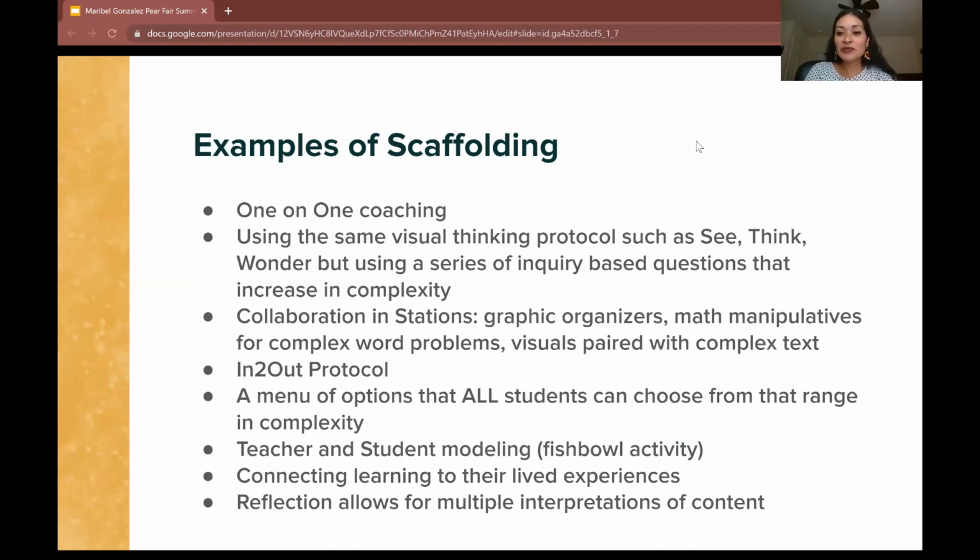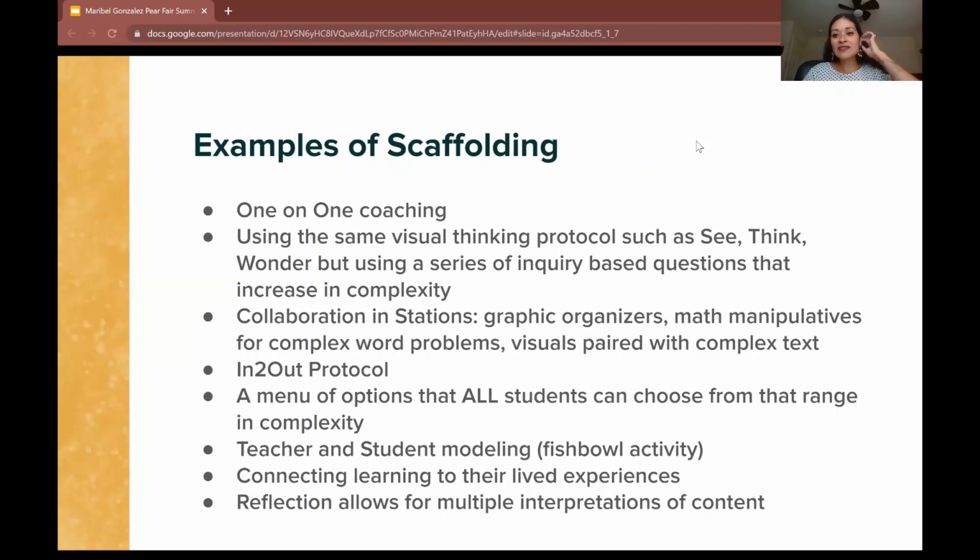Here are some examples of scaffolding that empower learners to take accountability for their learning. And as a teacher, you are facilitating support by offering structured, comprehensive support as they are grappling with these complex topics. Some examples include one-on-one coaching. You can use the same visual thinking protocol such as See, Think, Wonder, but use a series of inquiry-based questions that increase in complexity.